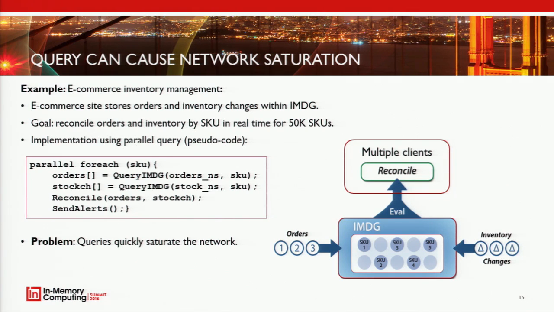So the solution, by the way, which is not the topic, but you might find it interesting, because it took me 2 hours sitting there listening to think of it, was to first pre-join orders and inventory into SKU objects. So as the orders come in, instead of updating separate namespaces, the inventory creates a namespace of SKUs, and then code joins the orders and the inventory on the fly, and then we move the computation into the grid and run the reconciliation on all the SKUs in parallel.